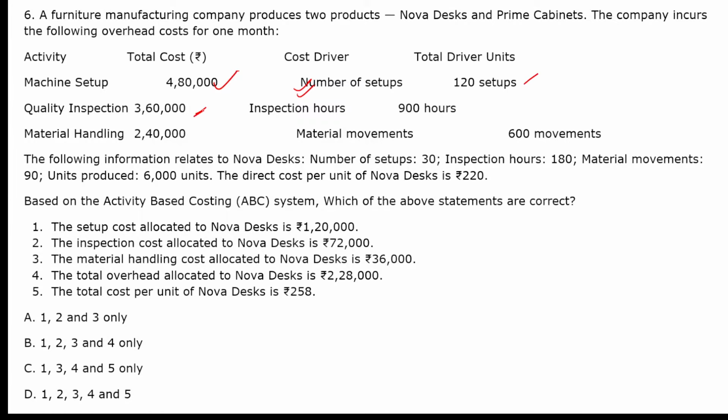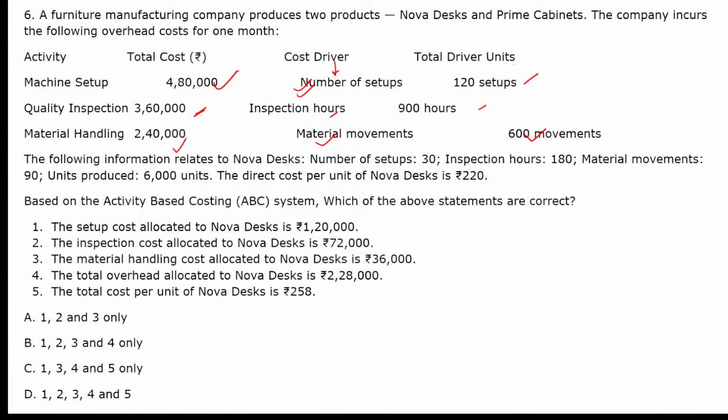Quality inspection, the total cost is this much, and the driver is inspection, total driver units 900. Material handling is this much, and the cost driver is material movement, and the total driver units are 600. The following information relates to Nova Desk: number of setups, inspection hours, material movement, units processed. The direct cost per unit of Nova Desk is 220.